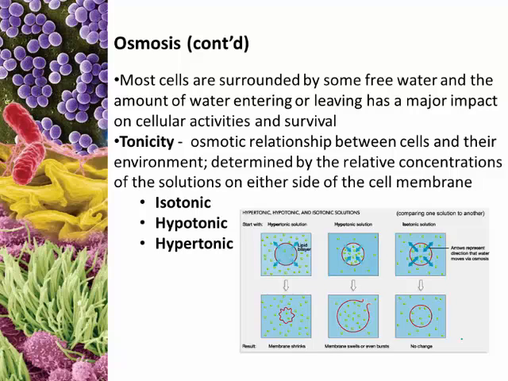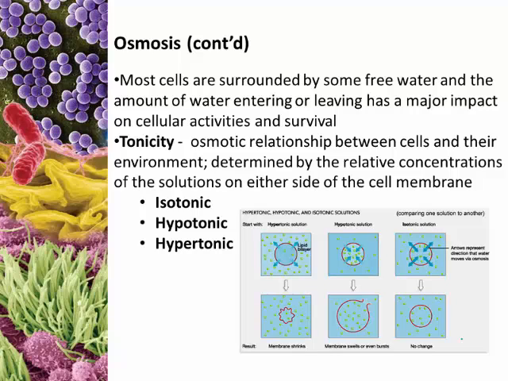This has to do with relative concentrations of solutes on either side of the membrane. So, tonicity is a comparative term. We're comparing two things. You can compare one solution to another. You can compare the inside of the cell to the outside of the cell, or the outside of the cell to the inside of the cell. But the wording matters. The wording that is used is important.